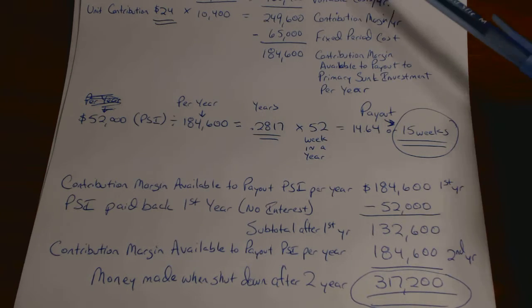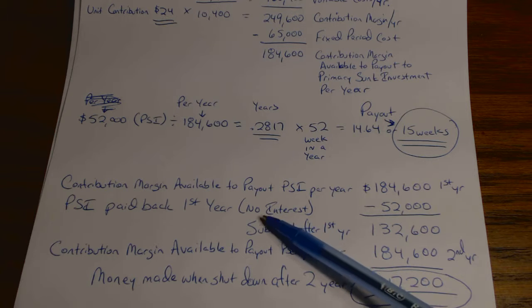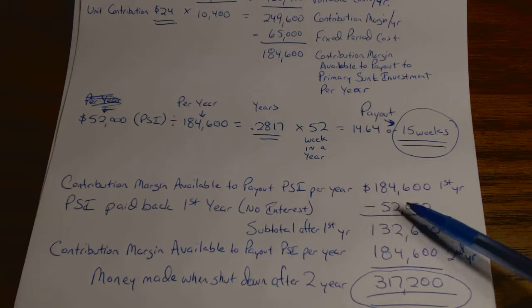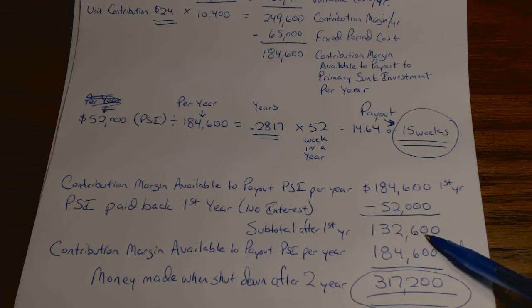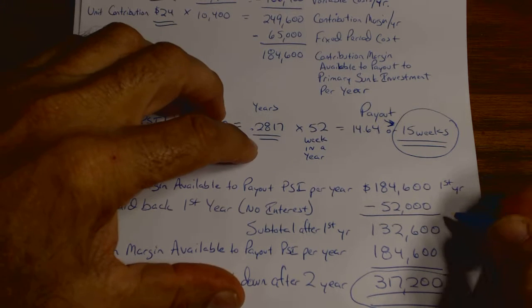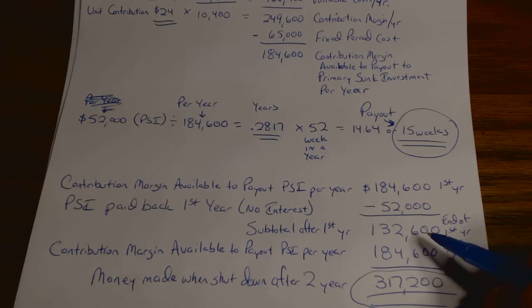You're going to pay back the primary sunk investment, the 52,000. And again, he said there was no interest on this. You'd have to figure in the interest part if there was interest. So you subtract the 52,000, and so you'll have 132,600 at the end of first year. I'll put end of first year left, right?